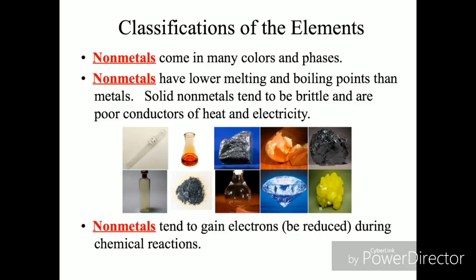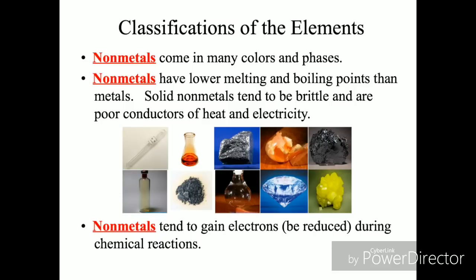Nonmetals have much more varied properties because nonmetals have lower boiling points and melting points to the point that many nonmetals are actually gases and liquids at room temperature, though we know that solid nonmetals tend to be brittle or they easily crumble. They are poor conductors of heat and electricity.